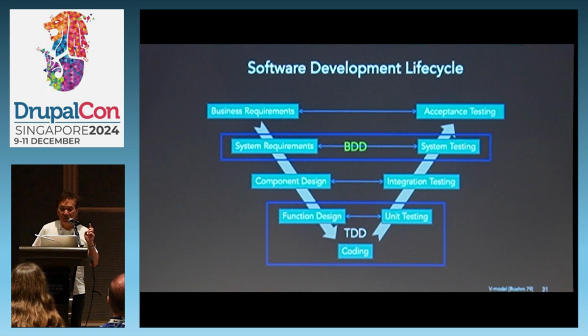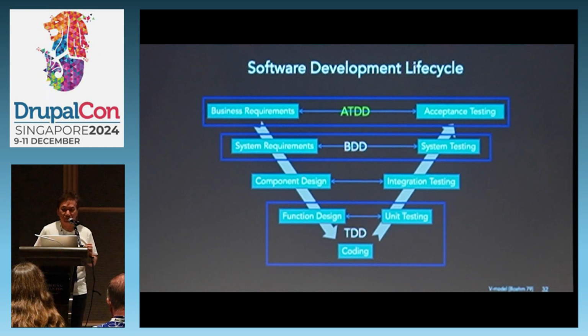BDD aims at systems requirements as system testing. ATDD, which stands for Acceptance Test-Driven Development, covers business requirements. We have a couple of testing types, such as TDD, BDD, and ATDD.